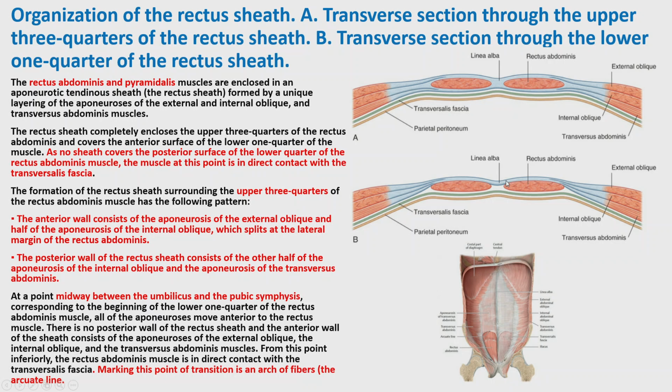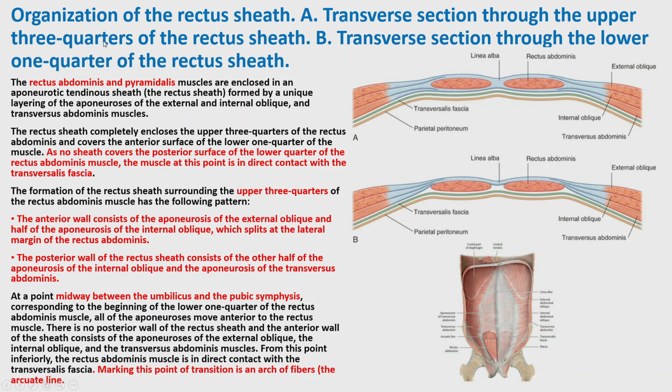And you see the arrangement, how it passes. You know the aponeurosis of the external oblique muscle here continues over the rectus abdominis muscle. Here is the rectus abdominis muscle cross section. For that, we are talking about the upper 3/4.